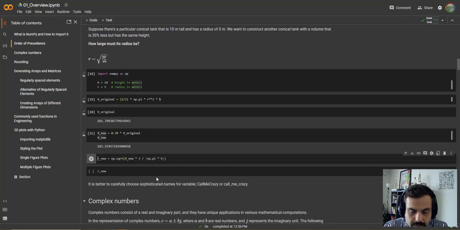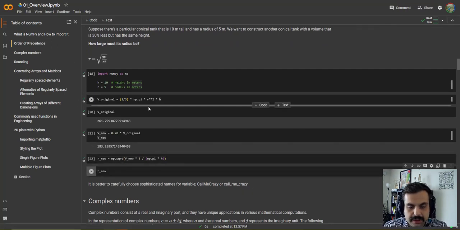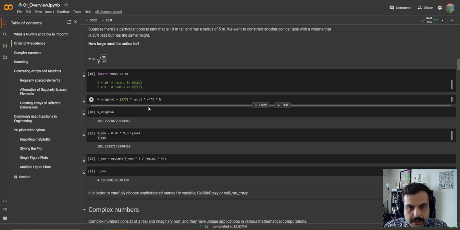Then I have the radius equation. I can derive the radius value, which is 4.1, almost 1 unit less than the original one.